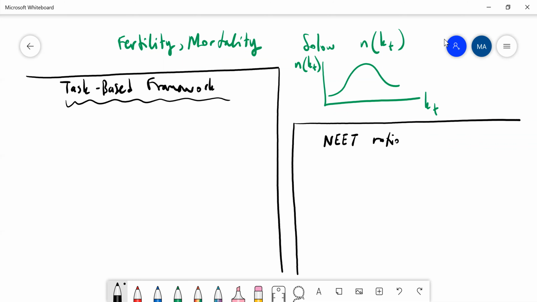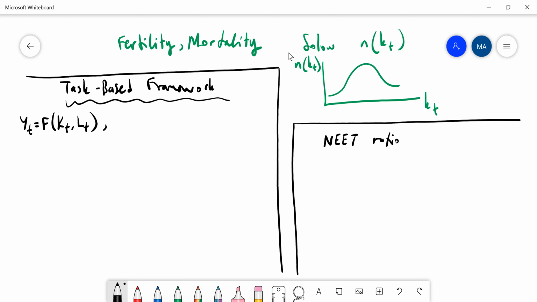The task-based framework is this. Basically, it is a newer version of thinking about production functions, right? So this is the classical view of the production function, and this is our main framework for this semester. But there is an alternative framework, which is called the task-based framework. So what is it?